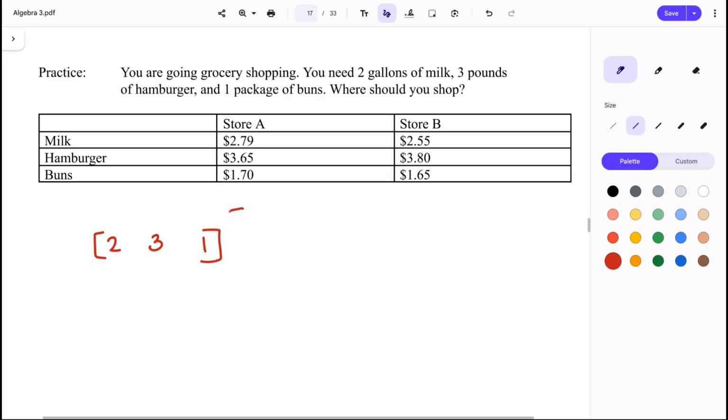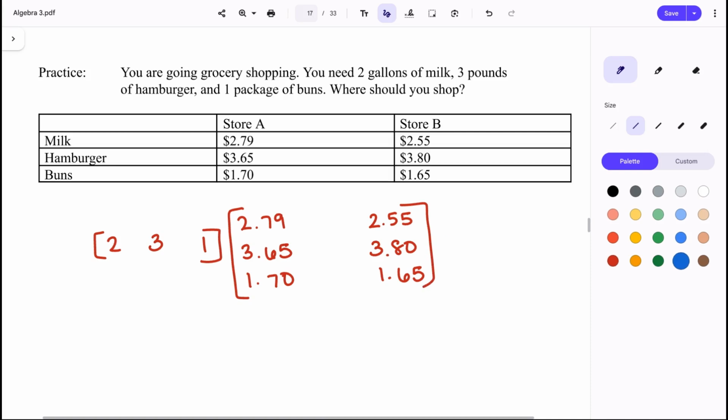And then store A is $2.79, $3.65, and $1.70. And store B is $2.55, $3.80, and $1.65.